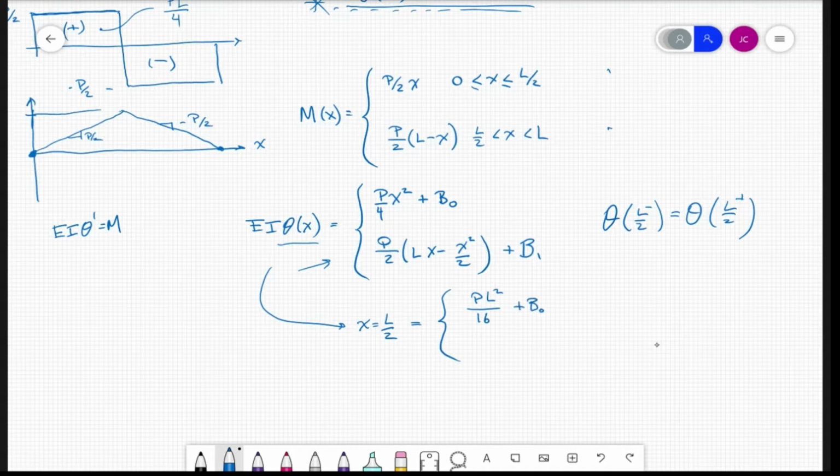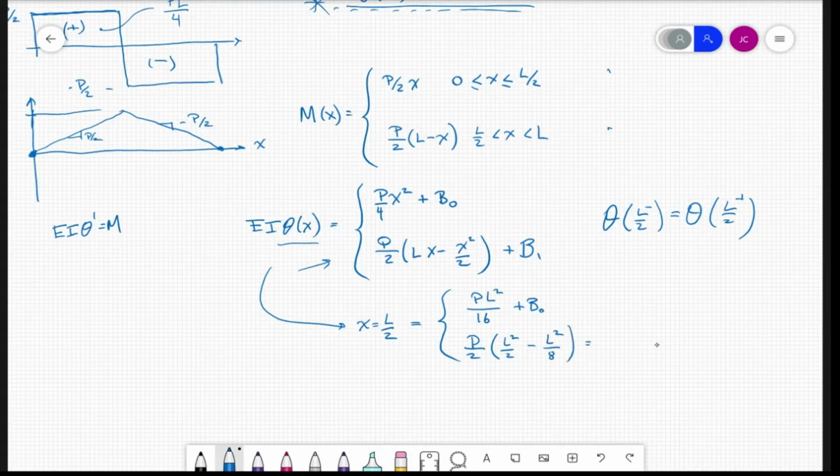And now if I put an L on 2 into the second term, this is going to give me P on 2 times L squared on 2 minus L squared on 8, correct?